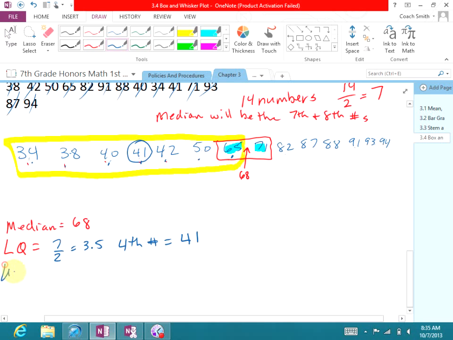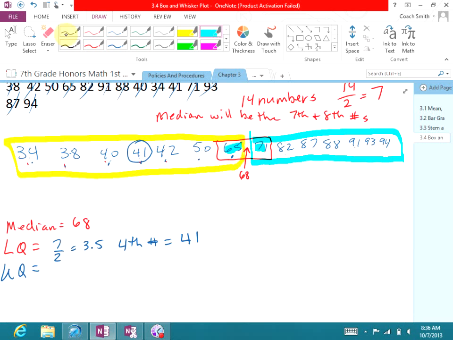Okay? My upper quartile is the same thing. It is the upper half of numbers, and it's going to be the fourth number, because there's 7 numbers there. 7 divided by 2 is 3.5, so it's the fourth number.